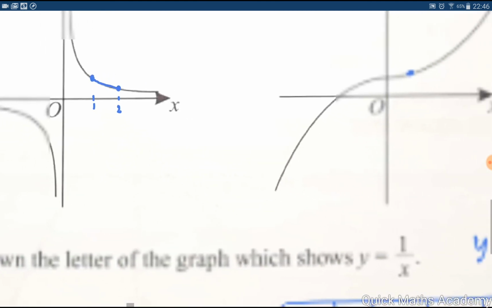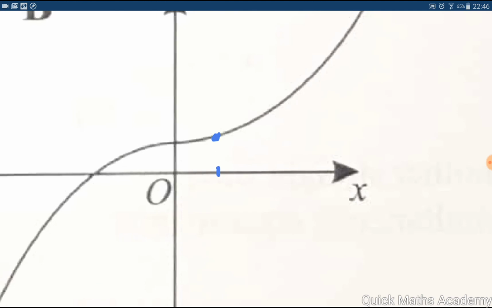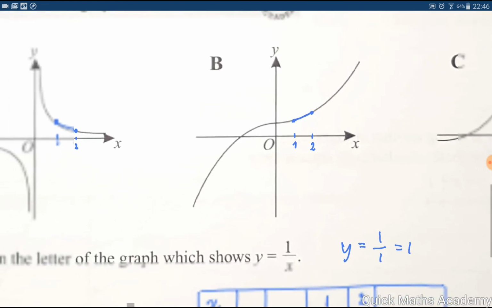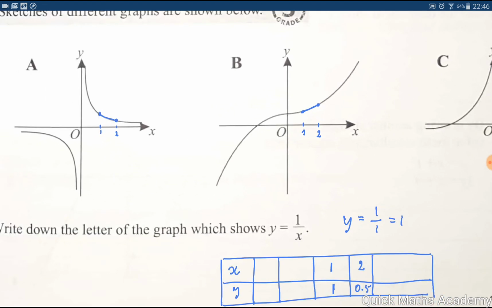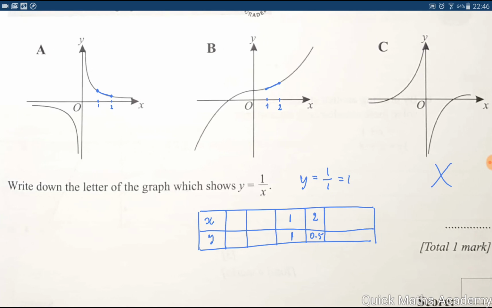Let's look at the option B. My x, this is 1, this is 2. If I'm increasing my x in the second chart, my y is increasing. This absolutely makes no sense. It cannot be option B. So immediately I can cross that out.